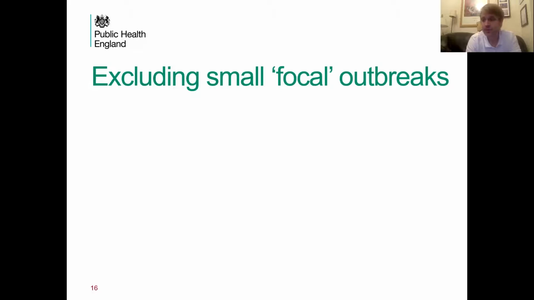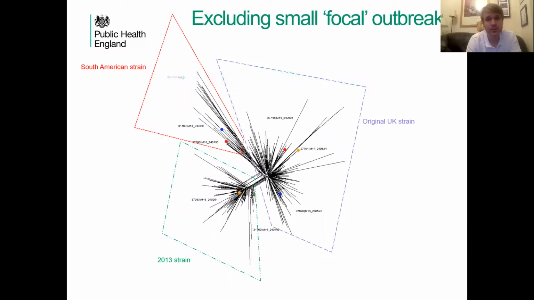Of course, it's also incredibly useful for excluding small focal outbreaks. So we often get asked by health protection teams whether pairs of isolates, pairs of cases that are quite close in time and place, but with no apparent links, whether they are related. This is the South American strain sublineage again. We were asked about some cases at a university.